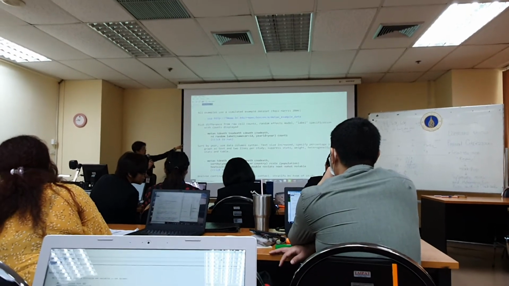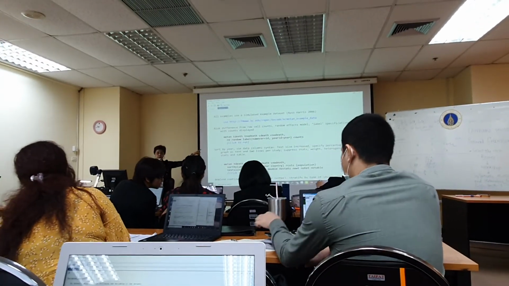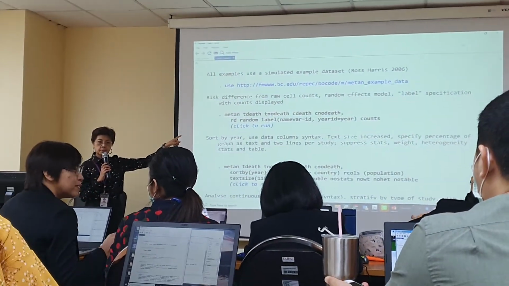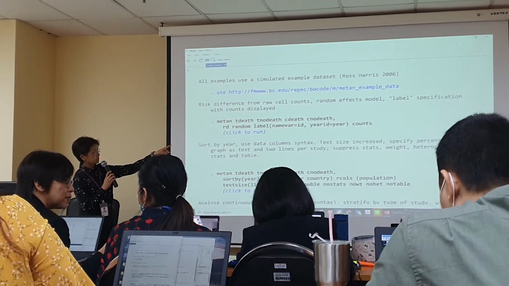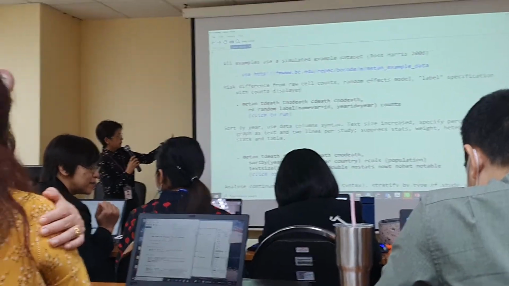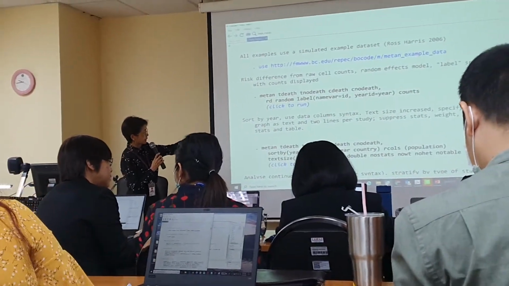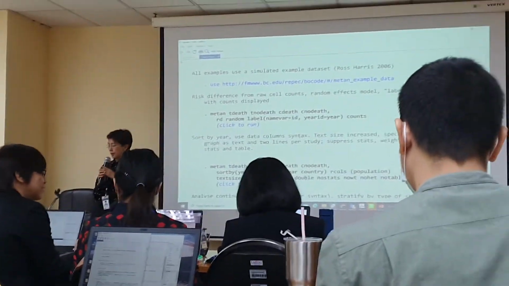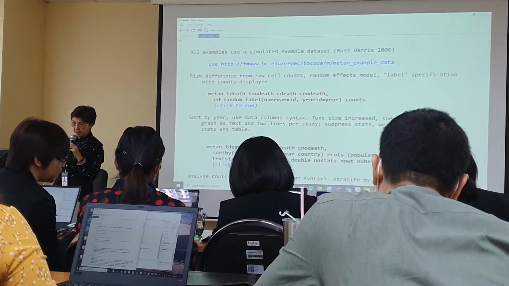You can even define random. That means we want to apply the random effect model, and you can label the study as well. So something like this that you can learn from help meta in command.